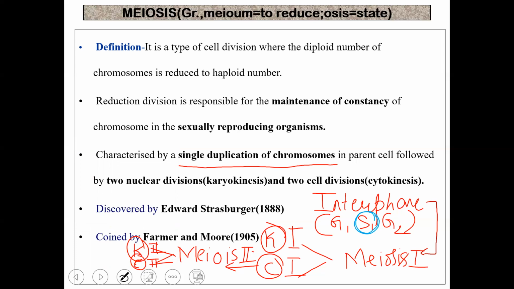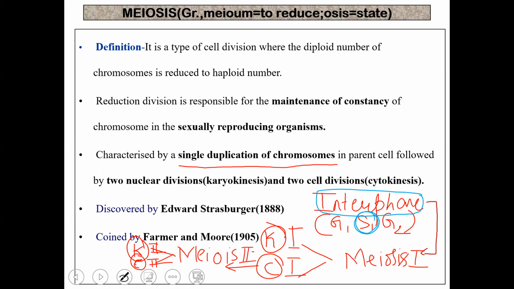In the cell cycle, there is only one interphase, and that interphase is further divided into G1 phase, S phase, and G2 phase. The same events, same process will continue even here, but there will be only single duplication. There is only one S phase, before the nuclear divisions or the cytoplasmic divisions.